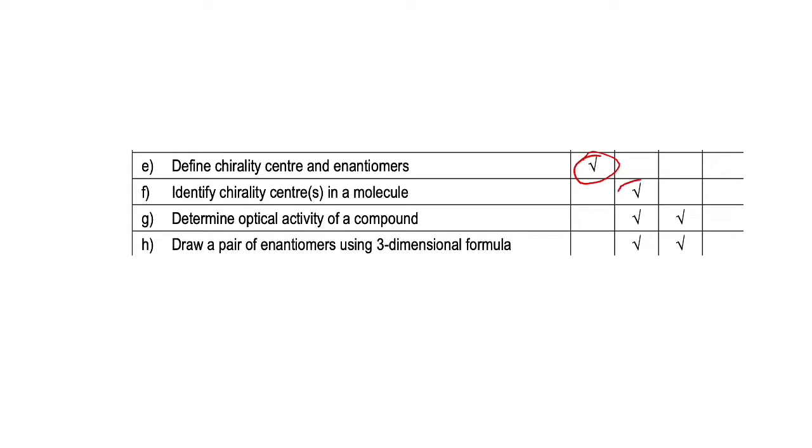Then identifying chirality center in a molecule, and also what is optical activity, and draw a pair of enantiomer using 3D dimensional formula. So, yang C3 dan C4 ni selalunya akan masuk dalam awak punya assignment. Okay, kita tengok nanti macam mana.